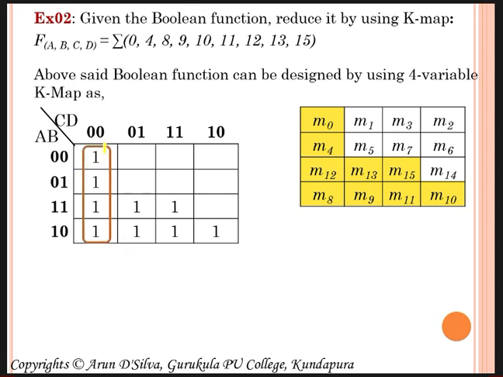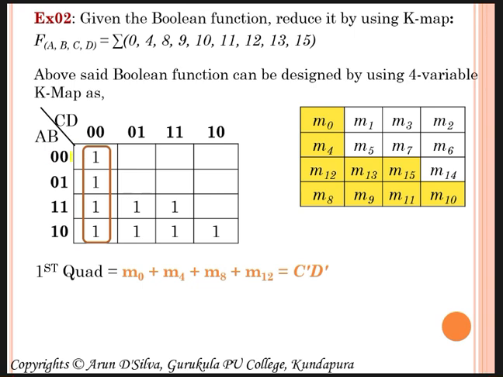Now here I marked this. This is the first quad I can identify here. First quad, that is M0, M4, M8, M12. Now how did I get C dash D dash, the reduced minterm? Here you see all these minterms lie in all the rows but only in a single column.